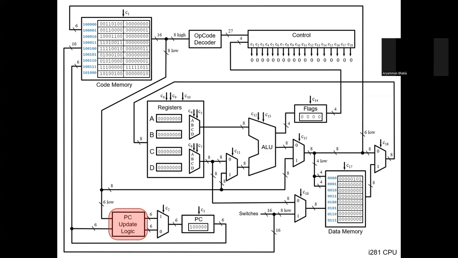So the PC update logic either increments the previous values of those lines by one, which is when the control signal C2 is 0, or it makes an entirely new instruction, in which the control signal C2 is 1. So based on what the instruction is, when you want to jump or when you want to break, the program control update logic gives you some combinational circuit that allows you to do that.